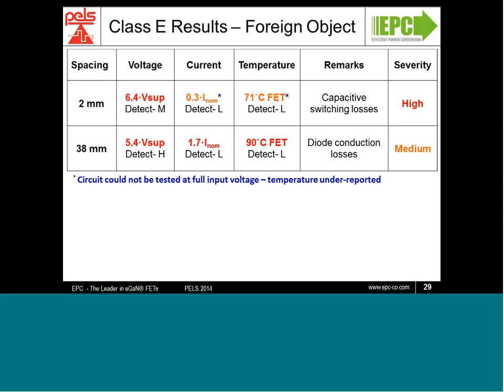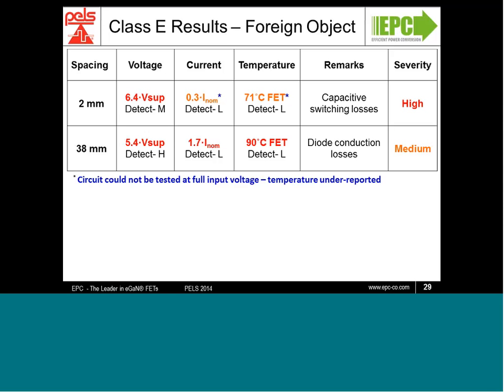However, if you use the two together, and you say the voltage is high and the current is high, then you can say there's an issue. Hence the detectability becomes easier to do. The losses in the device are diode driven, as the coil presents an inductive loading to the circuit, and this also means the FET has higher switching losses, and in this case it reached 90 degrees C. So the severity in this case for the 38 millimeter is medium, because it can be detected.